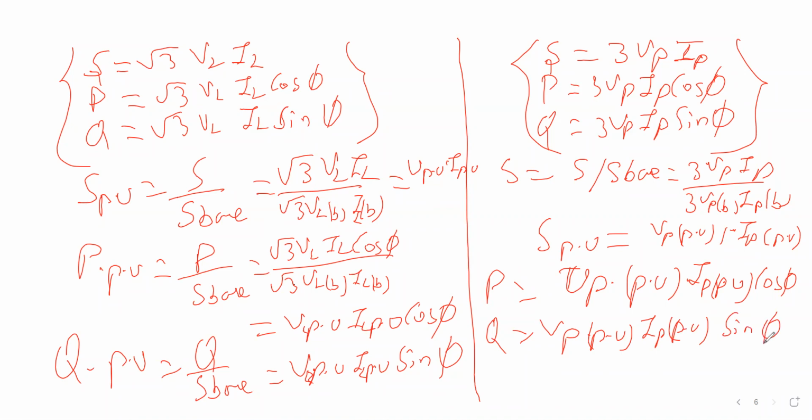Okay, these are the relations what we see, which concludes what we have seen in star connection. The first point is that the concept of 3 root 3 is not valid for either delta or star connections.